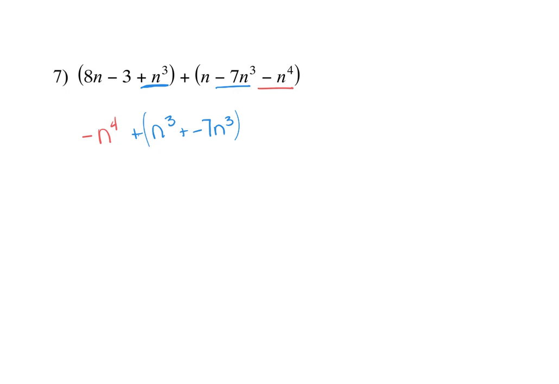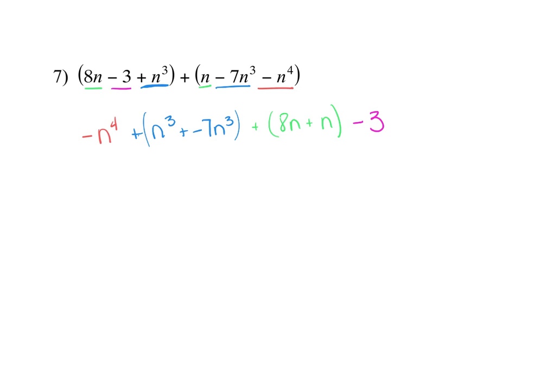Actually, I have no n to the 2nds, so I can move on to just n to the 1st power. I have 8n to the 1st power plus 1n to the 1st power. And then I'm going to look for anything that has just a constant. In this case, I have a minus 3, and that does not combine with anything in the next group.